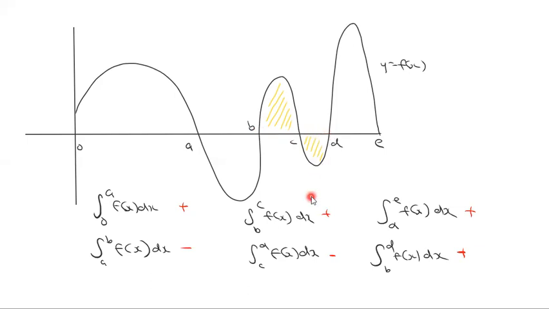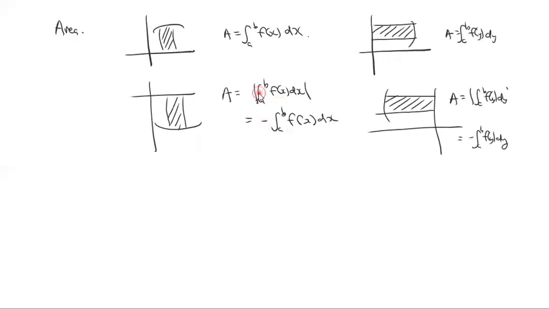You find b to c and you find c to d and add them. Yeah, you would need to separate them. You can't just do b to d, that won't work. You would have to do b to c and work out that area, then c to d and work out that area. Whether you want to use a negative or an absolute value doesn't matter, but you have to separate the areas out.